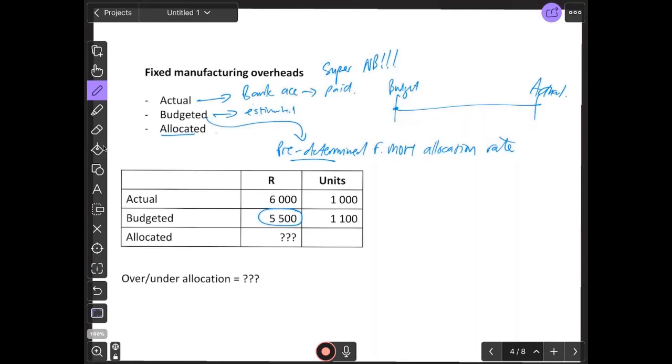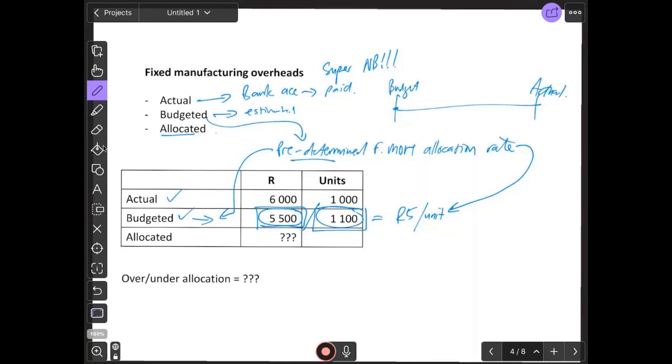So in this example, we've got actual figures and budgeted figures. So we use budgeted figures to calculate this predetermined rate. So budgeted overheads 5,500 Rand divided by budgeted units or normal capacity, and that will give us 5 Rand per unit. That is our predetermined fixed manufacturing overhead allocation rate.